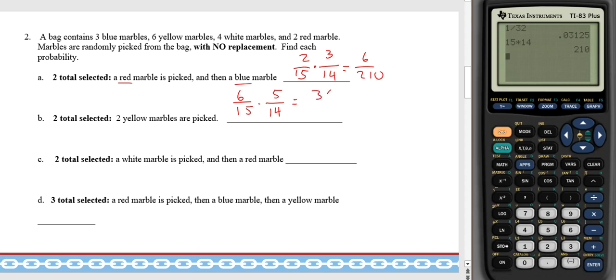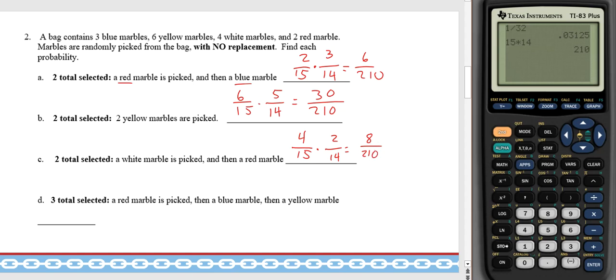You'd have a 30 in 210 chance. 5 times 6 is 30. 15 times 14 is still 210. And part C, white marble. Looks like 4 white, 15. And then a red, 2 red, 14. Give me an 8 in 210 chance.